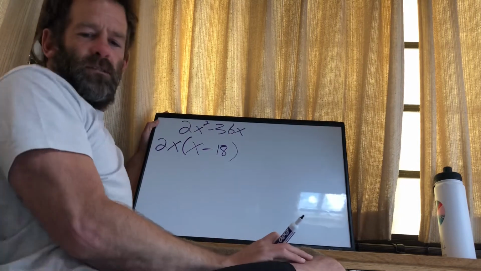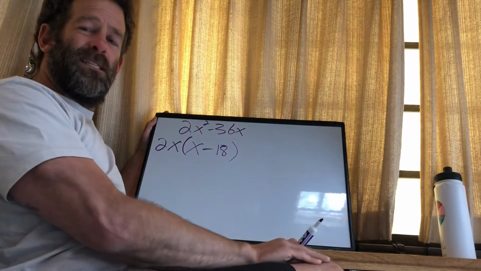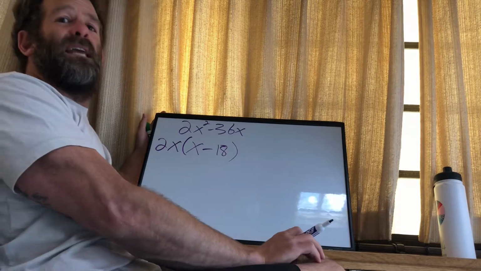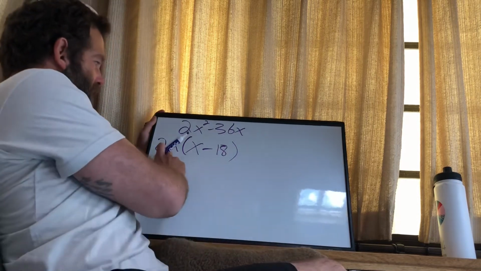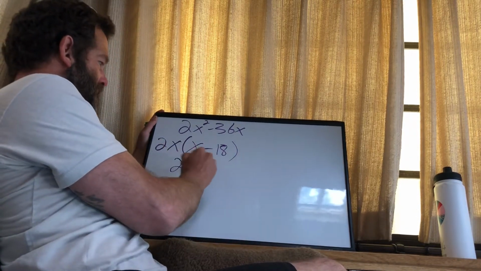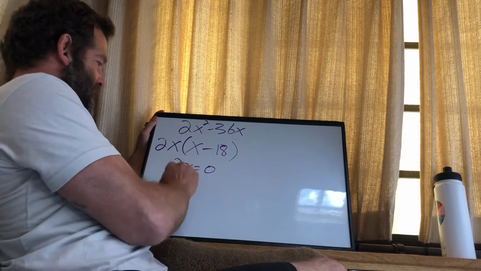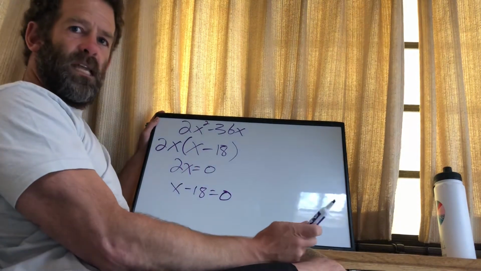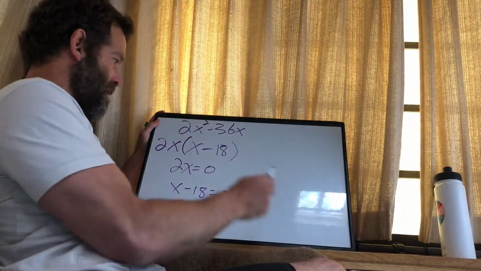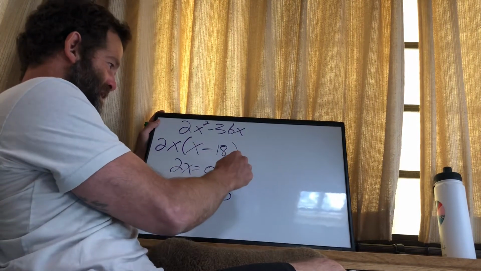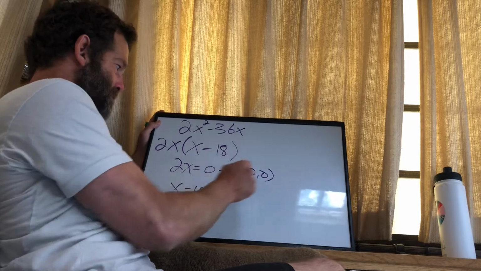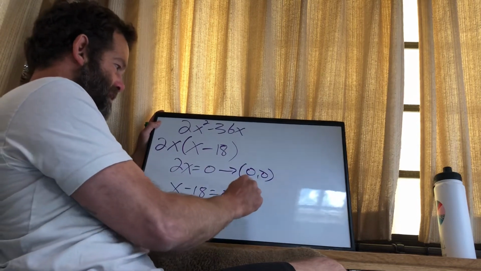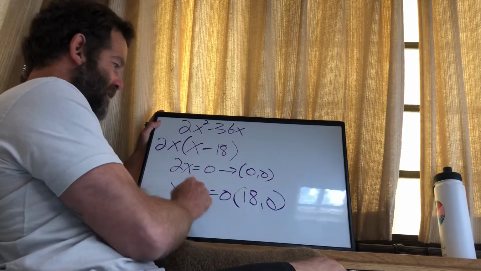And then you use the zero product property, which is the next thing where I say set everything equal to 0 when you're solving. If you set 2x equal to 0 and x minus 18 equal to 0, all of you guys are in STEM, so you should probably be able to figure out that your solutions are 0, which is the origin, and 18, because if you add 18 and move it over.